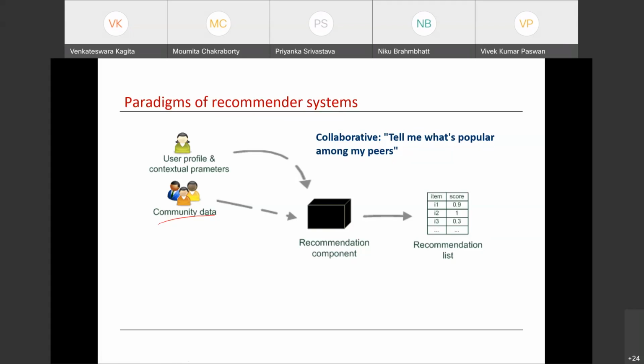Okay, because you have to identify what is popular among your peers, you have to identify the similar users. So to identify all that, community data is required. The information about the other users is required, right? So what they have watched or what they have consumed, how they rated these items, all this information is required in case of collaborative filtering.